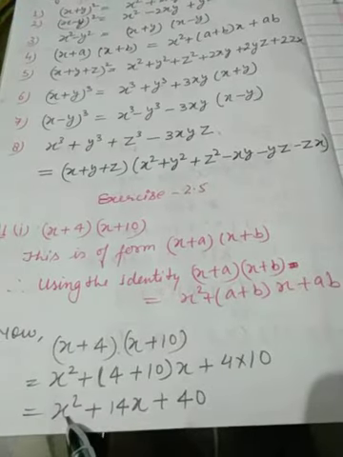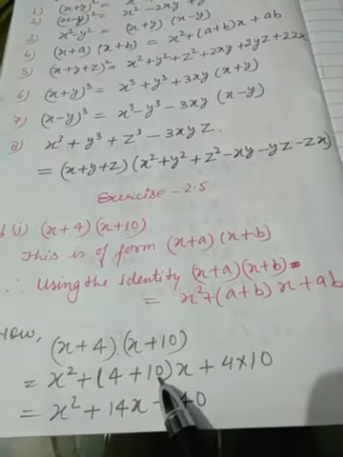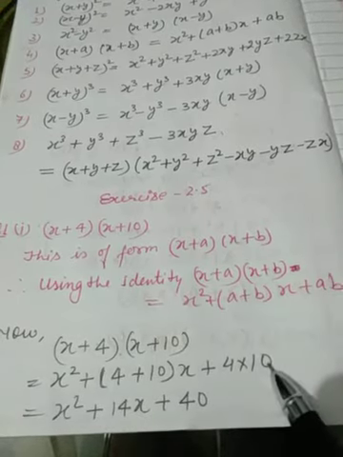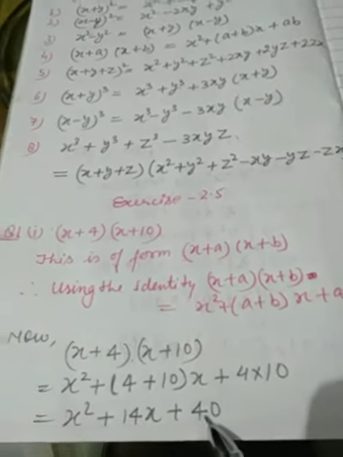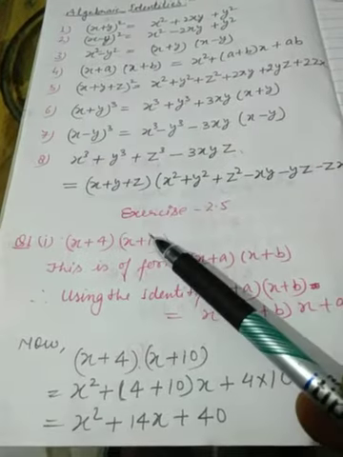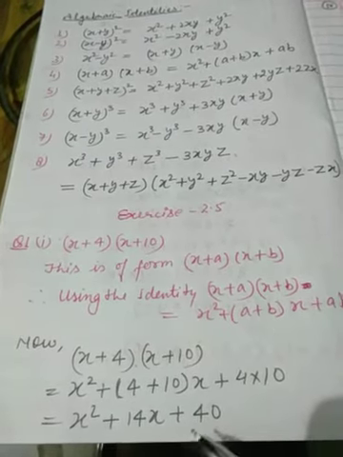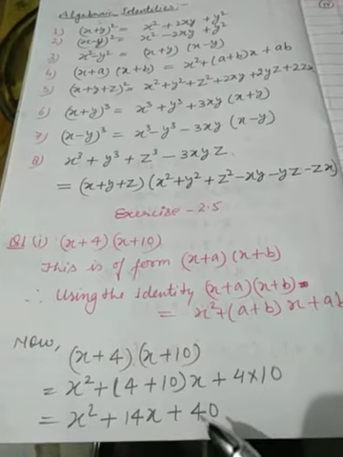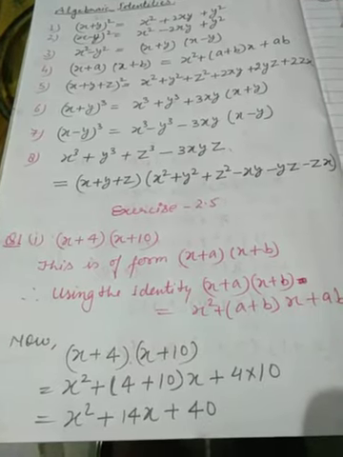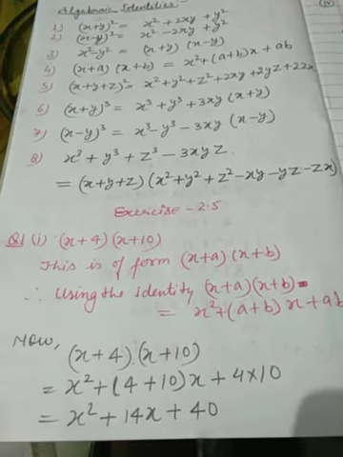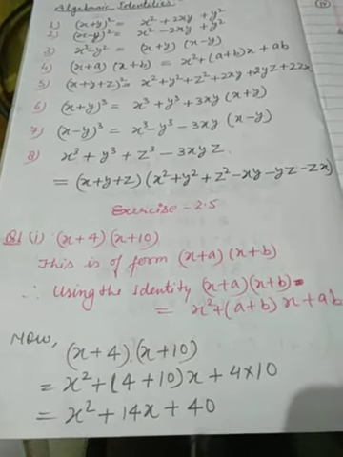Now this is x square, 4 plus 10 is 14x, and 4 10s are 40. So this is the solution of this question, and here we have used the identity, right? In the same manner we can use the other identities. 8 identities are there, and definitely we will solve questions on the basis of each and every identity.